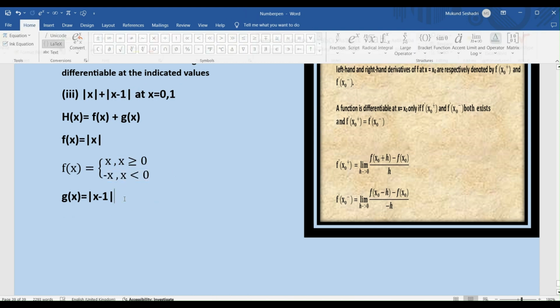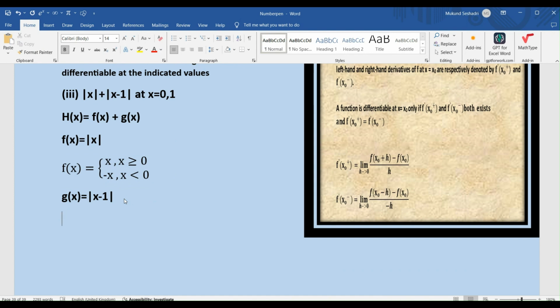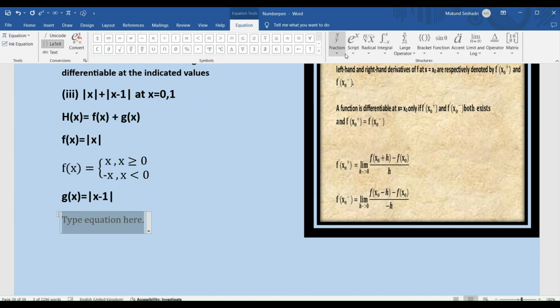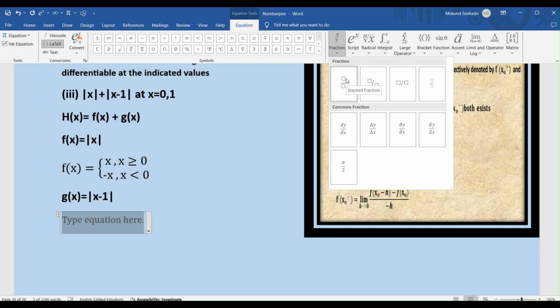Now I come to my g of x, and I'll have to write it in a very similar fashion. So what is that? Let's write that as well.